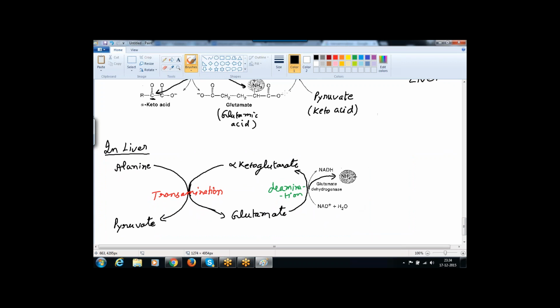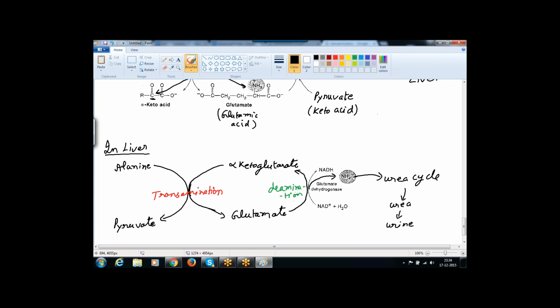In other cells, ammonia cannot be left because it is very toxic. But in liver, it can be left because it will be immediately entrapped into the urea cycle and converted into urea, which will be passed out of the body in urine.